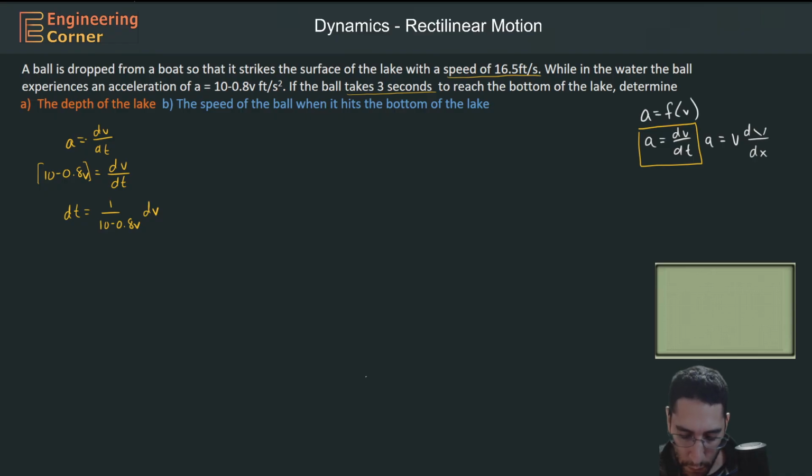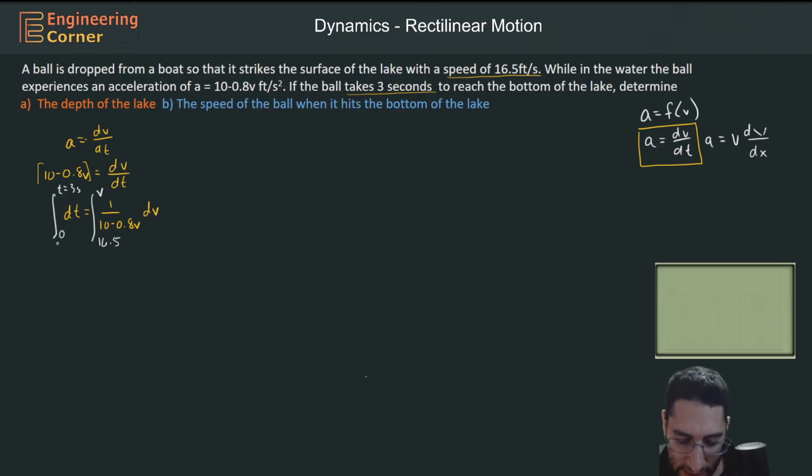So let's figure out our bounds of integration. So our bounds of integration are going to be from, well, at 0 seconds, we start with 16.5 feet per second. And at some, well, we're really doing part B first. But at some velocity, which we're going to find when t is equal to 3 seconds, right?